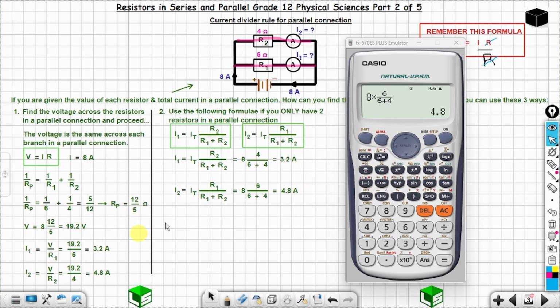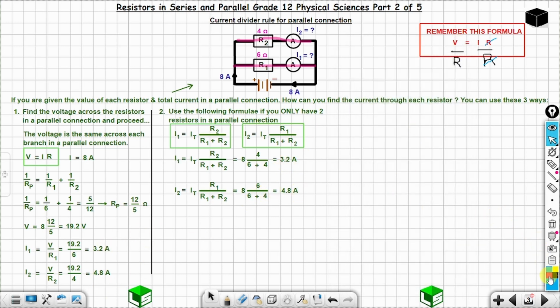Now you have to notice: when you are calculating I1, you are going to have in the numerator R2. When you are calculating I2, you are going to have in the numerator R1. You have to see that. So we are done with the second method.